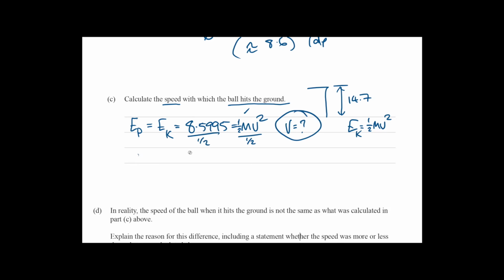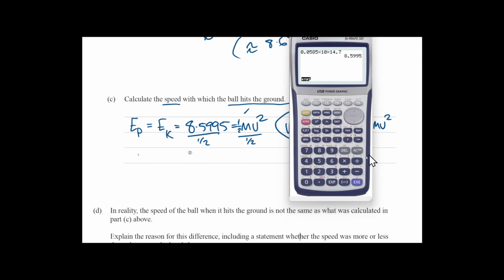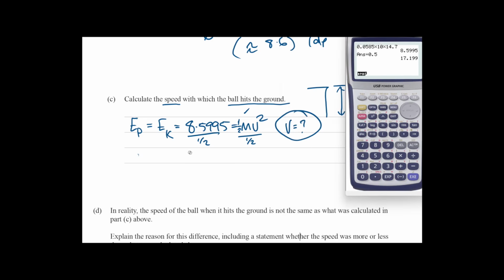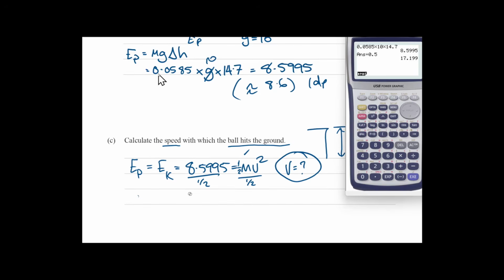Grab our calculator. Divide by 0.5. That's that, 17.199. The mass is already known, so mass is 0.0585. So let's divide that by 0.0585, and we get that.